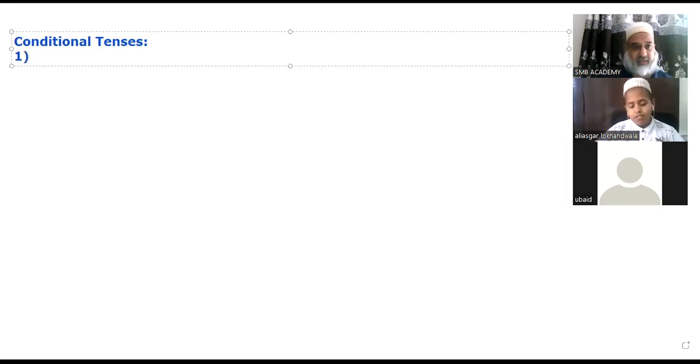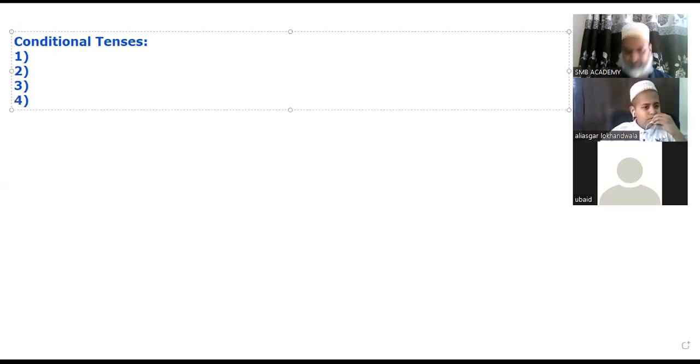How many sub tenses are there in conditional tense? Four sub tenses are there. First one is conditional simple.